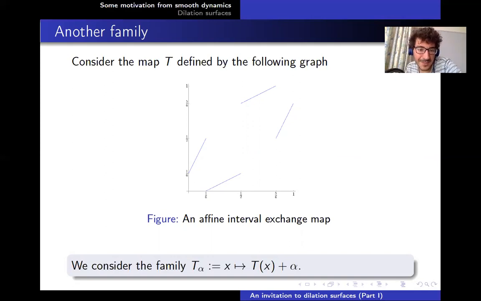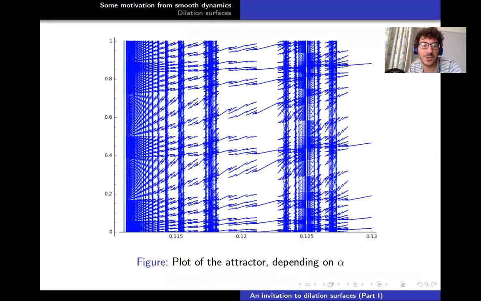And so you can ask the question, what happens here? It's slightly more complicated to analyze because I don't have a ready theory for the rotation number. But what I can show is a plot of orbits depending on the parameter.